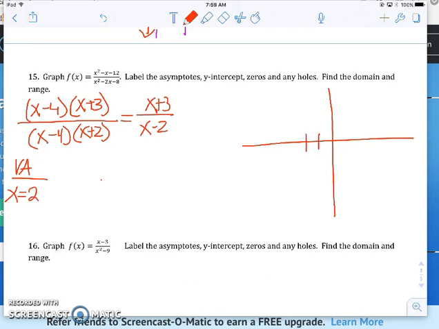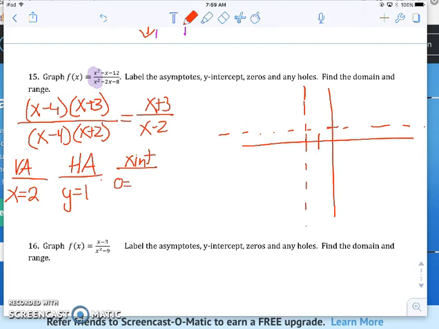1, 2. When we look at our degrees here for our horizontal, they're the same. So it's at y equals 1. Let's see our x-intercept. So 0 equals x plus 3 over x minus 2.